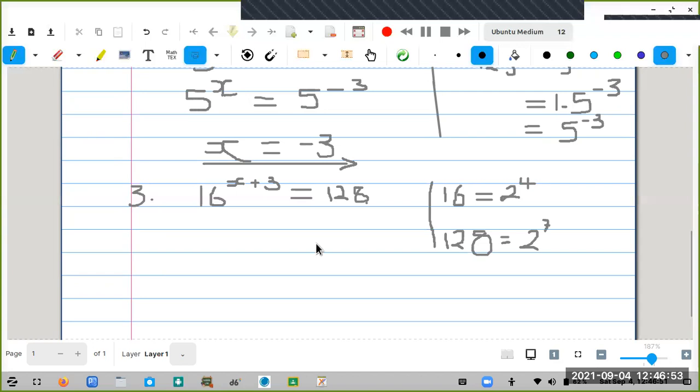Right, so I'm going to convert the bases in terms of powers of 2. 16, remember 16 is 2 to exponent 4. This is my 16, so this 16 is raised to exponent x plus 3.